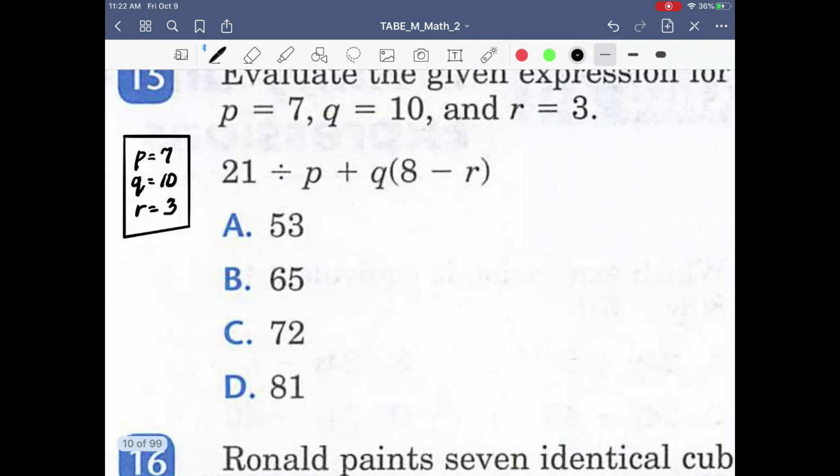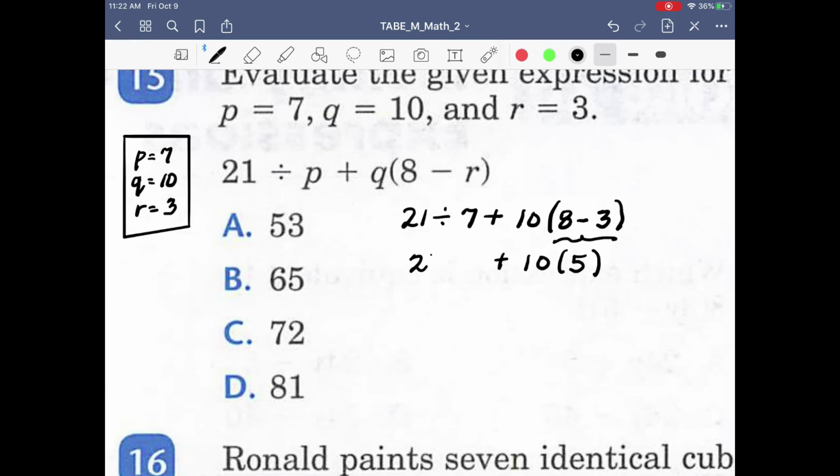Alright, so here we go. We have 21 divided by 7 plus 10 times (8 minus 3). Parentheses first. 8 minus 3 is 5. And I'm keeping the parentheses because those are multiplying 10 by 5.